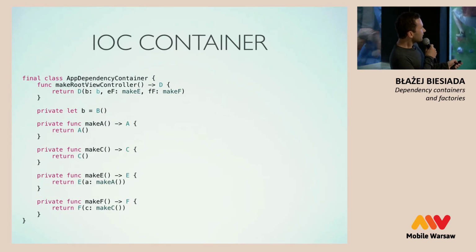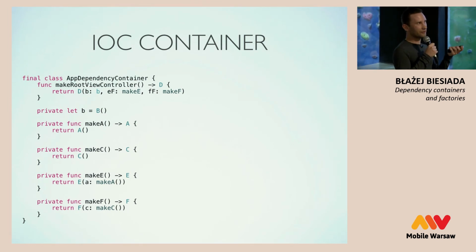The interesting thing is that once we create this first instance of object D, we actually don't even have to hold a dependency to the dependency container. This is a bit mind-boggling if you haven't used those dependency containers before, but it's a cool feature of them.